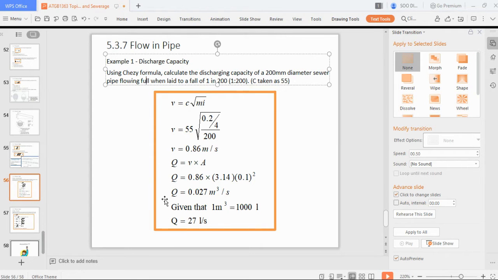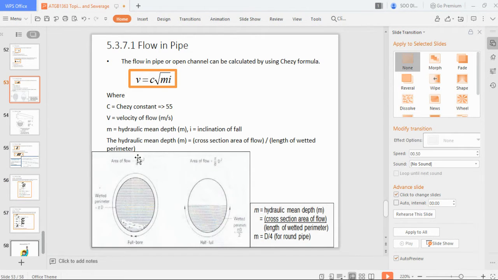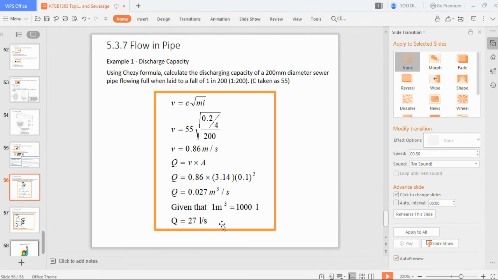So the area of the pipe is just pi r square, or you can use pi over 4 d square, which is the same thing. Here I'm using pi r square. So pi r square multiplied by the velocity, you'll get the Q.